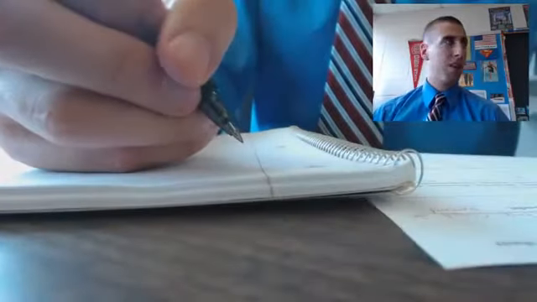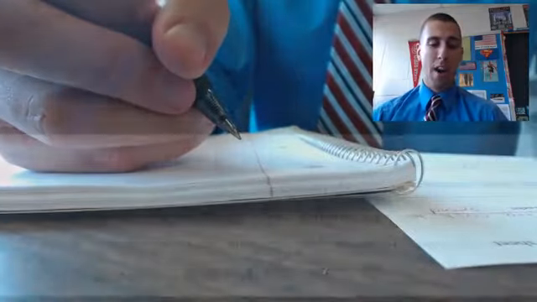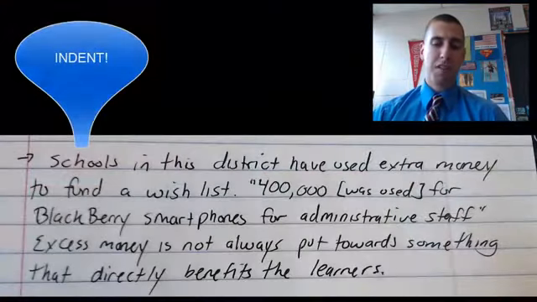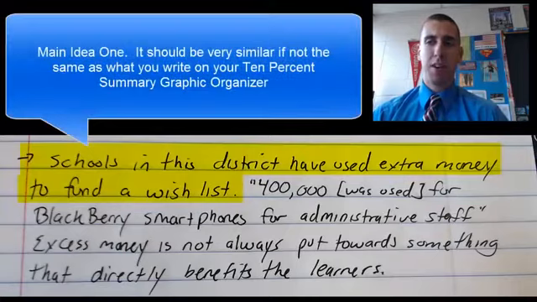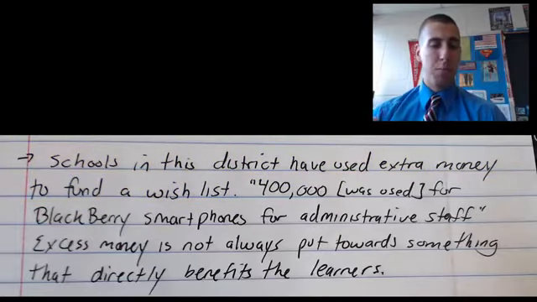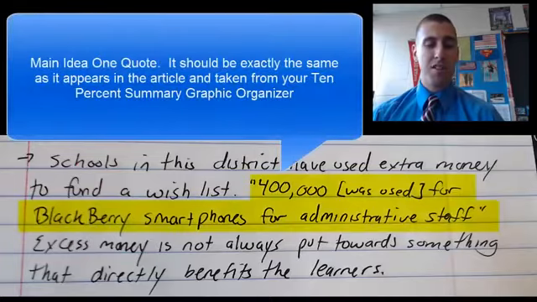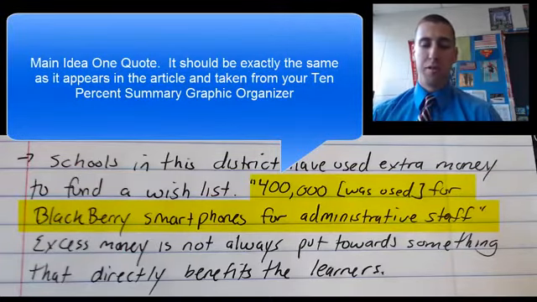So you're pretty much going to start off by stating your main idea number 1. I wrote down that schools use extra money to fund a wish list. Now I think that's pretty good. Then I'm just going to write that as a sentence as is. Now my data, my main idea 1 quote that supports this, on page 1 there was a sentence that said $400,000 was used for BlackBerry smartphones for administrative staff.